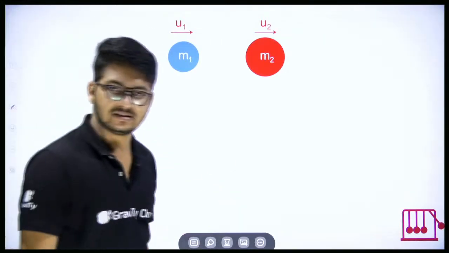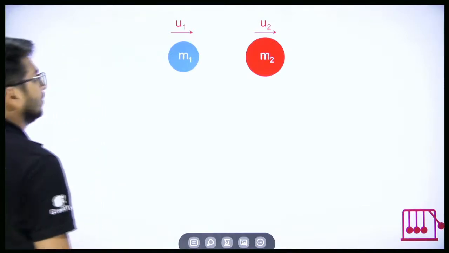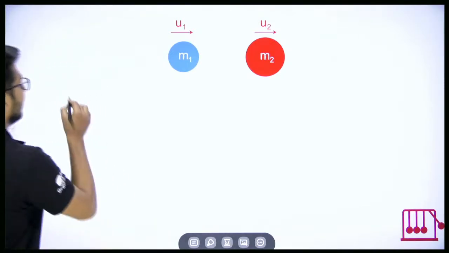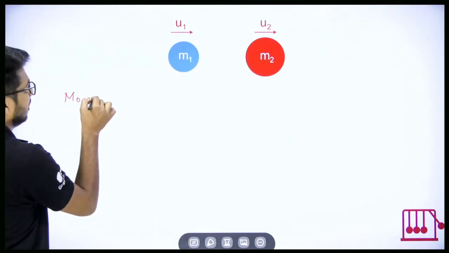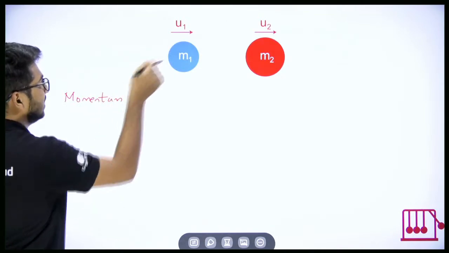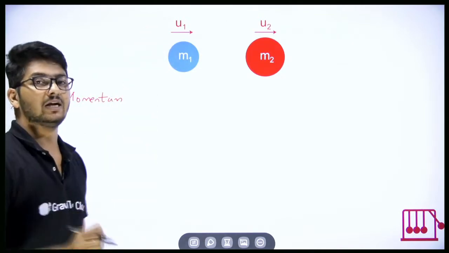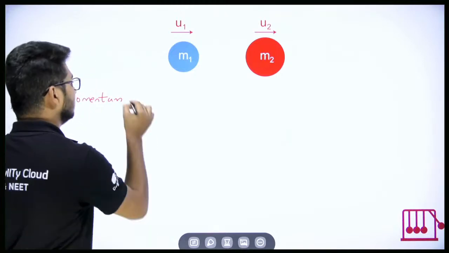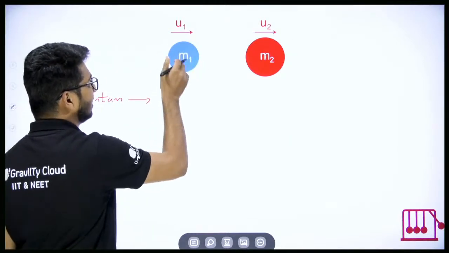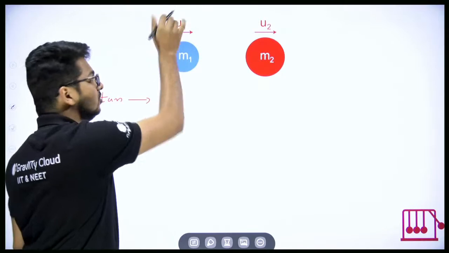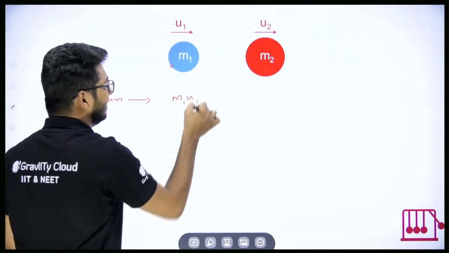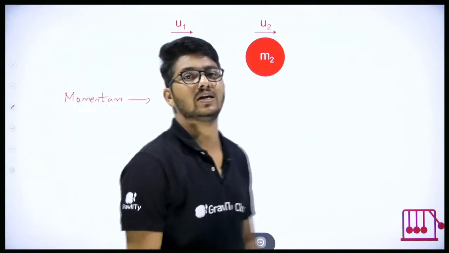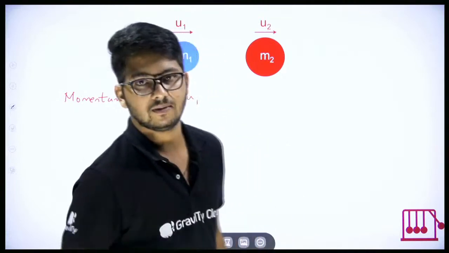This is the initial case. So here, if I talk about momentum, what is the momentum of object 1? We know that momentum is equal to mass into velocity. For this object, mass is m1 and initial velocity is u1. So the initial momentum of object 1 is m1 u1.